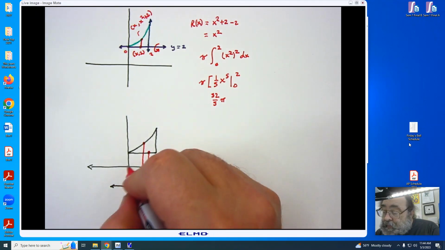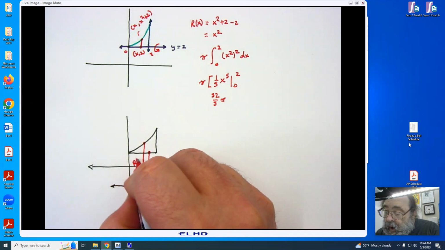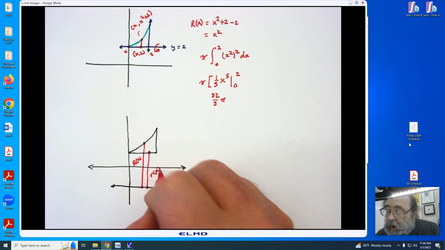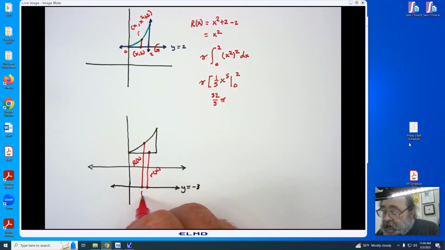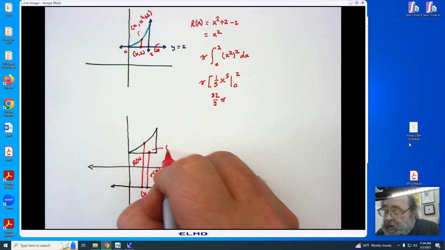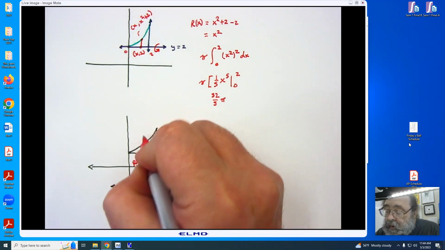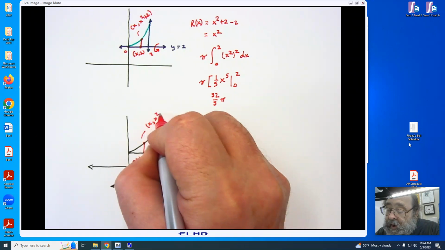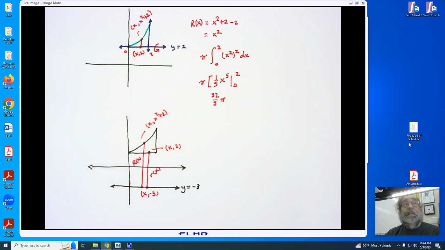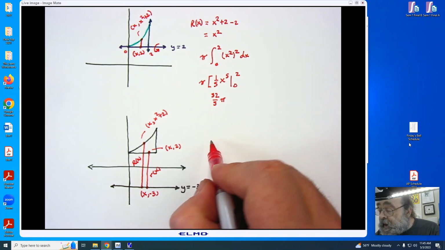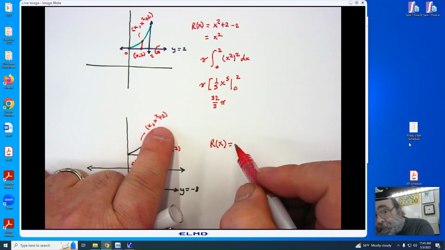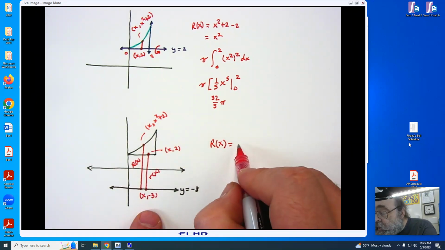The longer segment is what we call capital R of x. The smaller one is what we call lower r of x. This is x comma negative 3. This point right here is x comma 2. This point right here is the same x comma x squared plus 2. We're still finding our big R of x, and it's the larger segment. It is the upper y minus the lower y.